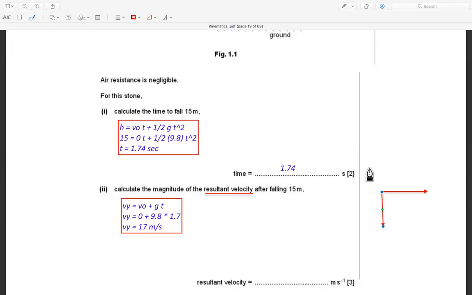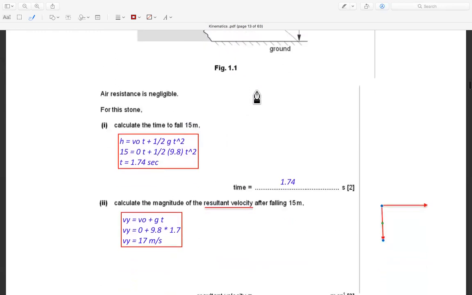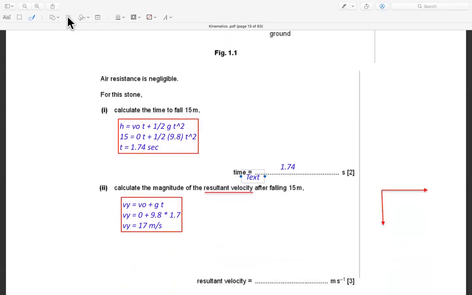So we have Vx is 20 meter per second in the x direction, and in the vertical direction we have 17 meter per second. So the resultant, as Pythagoras, of this.